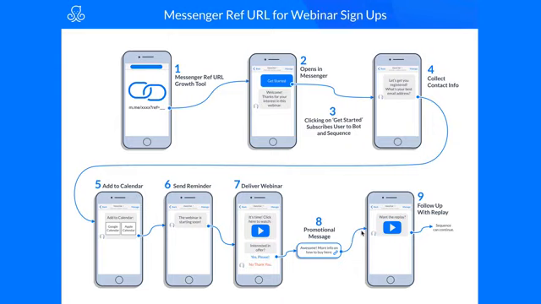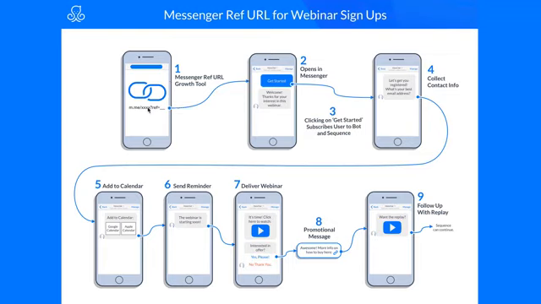So any other place that you would want to send traffic to this particular webinar sequence, definitely leverage this Messenger ref URL blueprint. The next time you do a webinar to your email list, if that's something that you do, have them register and provide the entire experience inside of Messenger. Or maybe you don't have an email list. Maybe you're just starting from scratch.